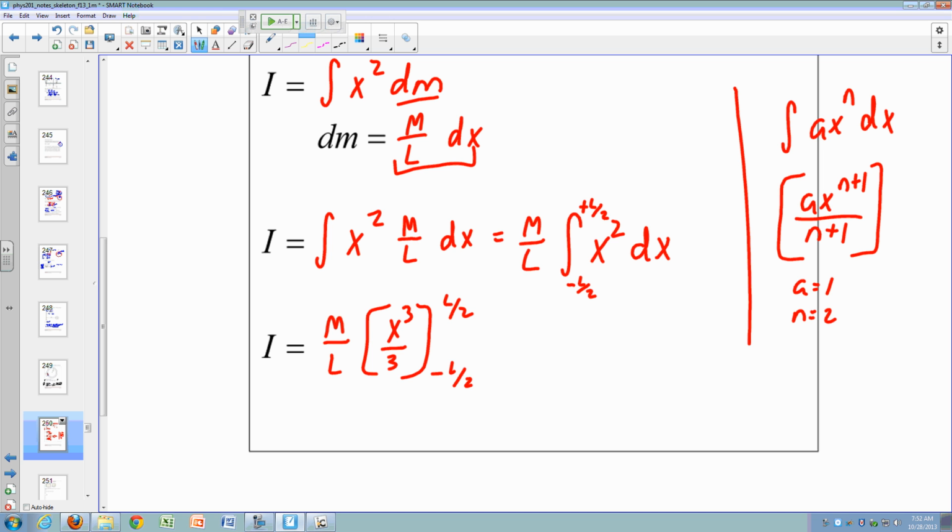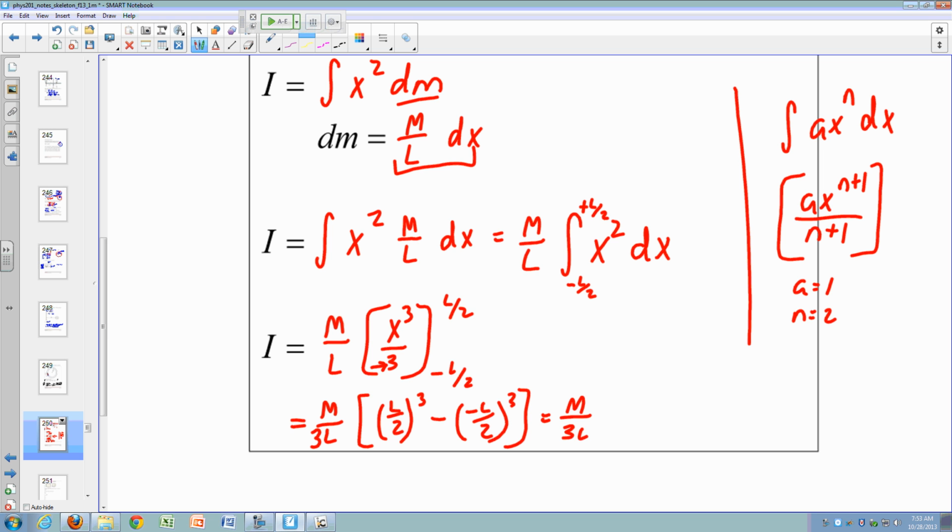And let's see, I'll let you do the algebra on your own, but I'll do it right here. So m over L, I'm going to go ahead and take out this 3 that's right here. So I just get L over 2 cubed minus negative L over 2 cubed, times M over 3L.